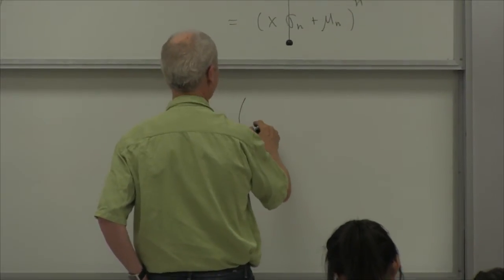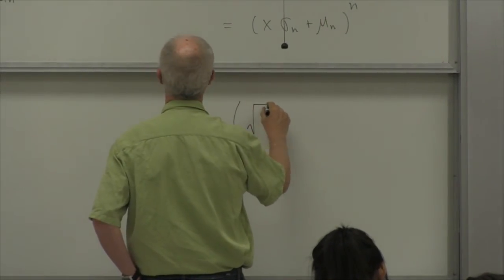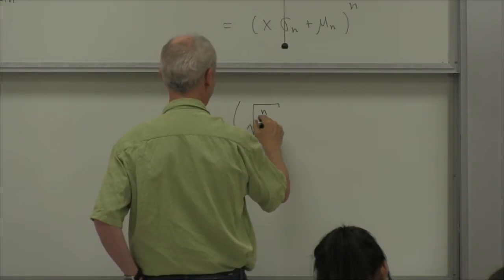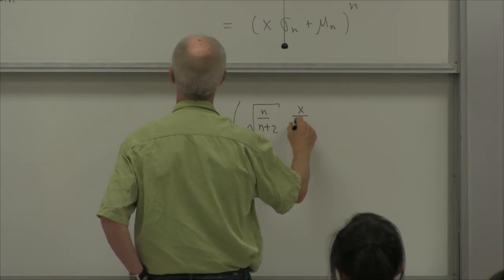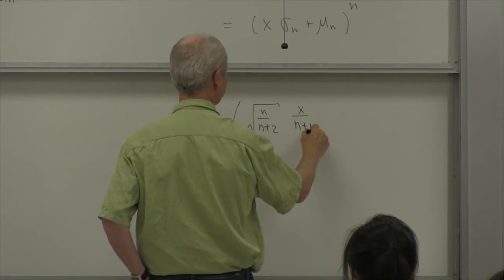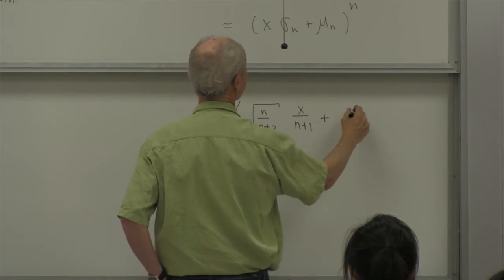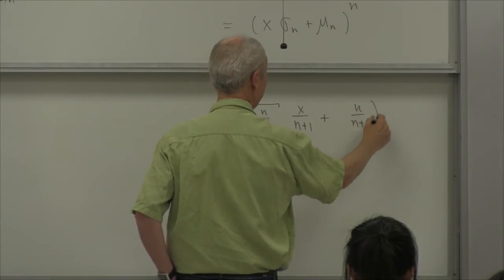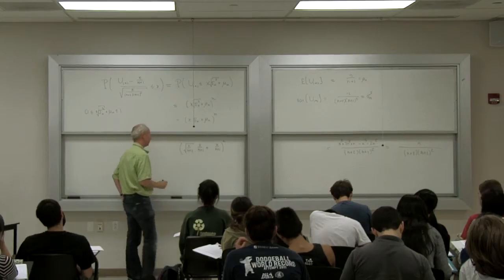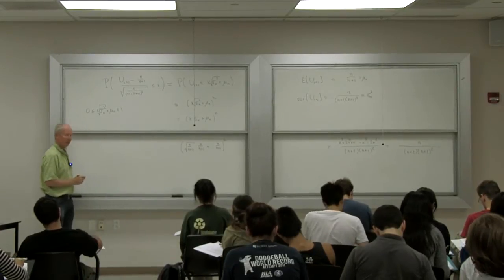Okay, so I should have square root of n over n plus 2, and then x over n plus 1 plus n over n plus 1.